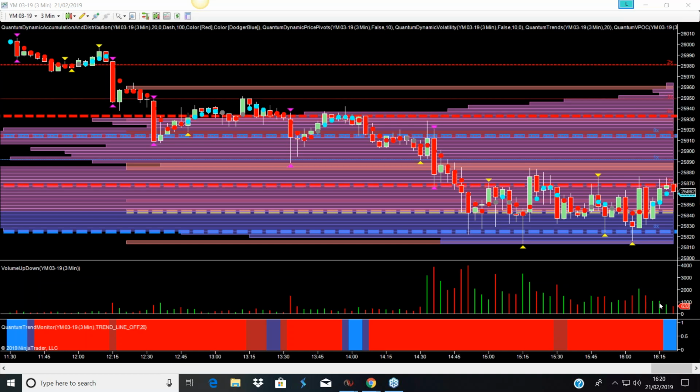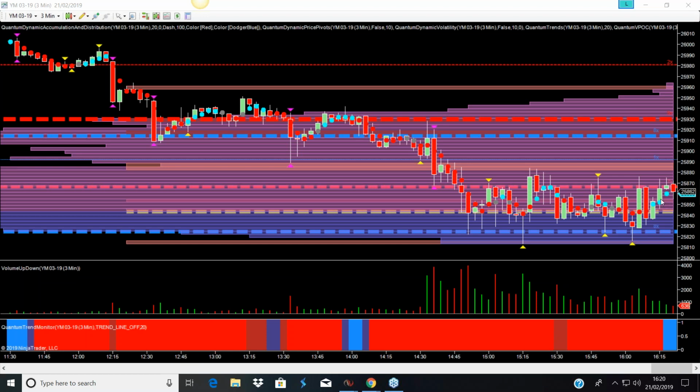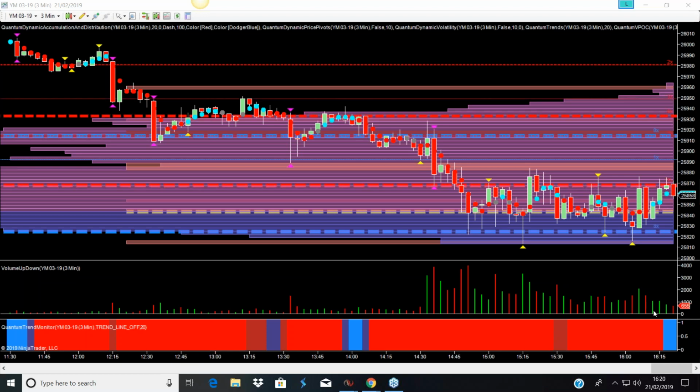All the traders are out there at the moment, and yet it cannot seem to come out of this congestion, and that is being confirmed by the lack of participation. Price is being marked up, moving up, but it's not supported by volume. Price needs to be supported by volume as it goes up, and also on the way down.